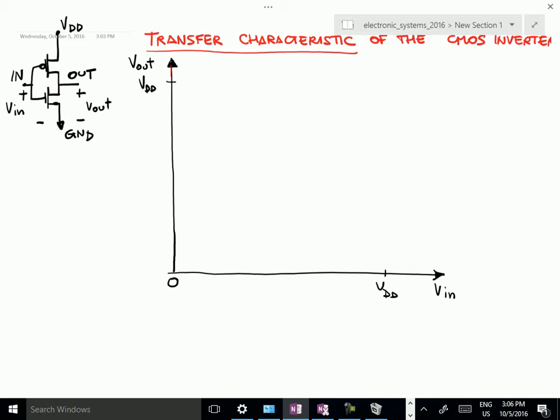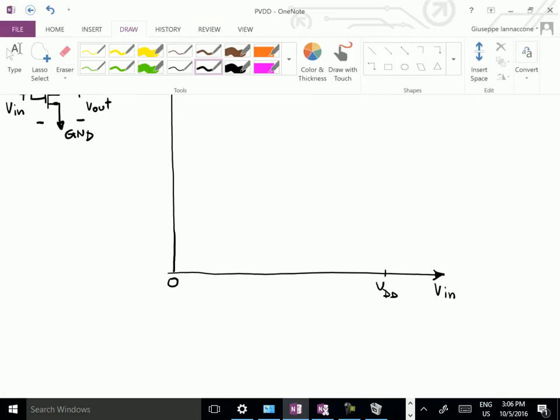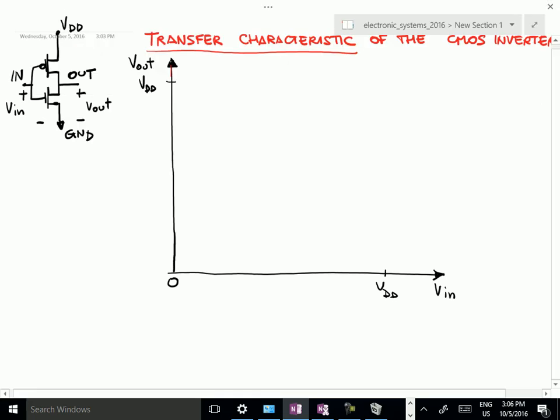Okay, what we can do now, we have to consider that when we apply a voltage at the input, we are basically biasing the two transistors in this way. This is the gate of both transistors. These are the sources of both transistors, and these are the two drains.